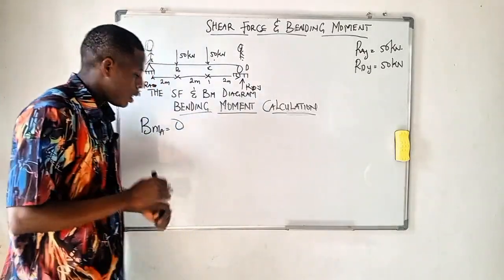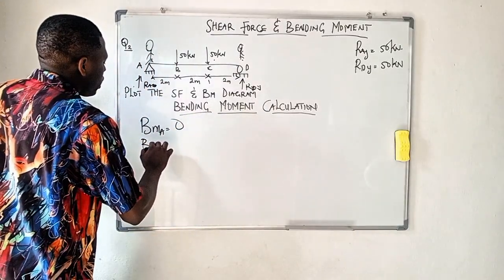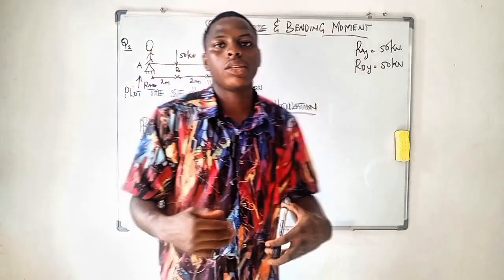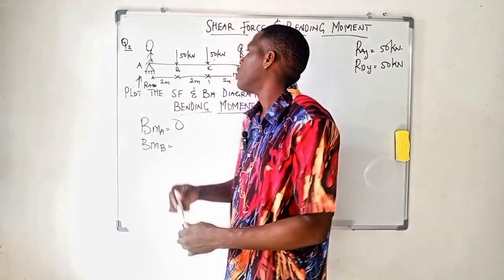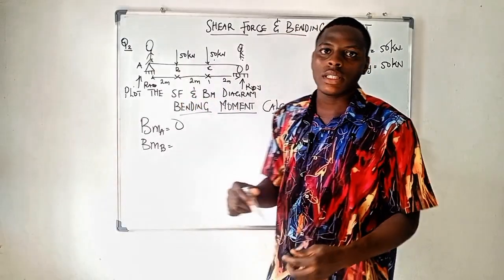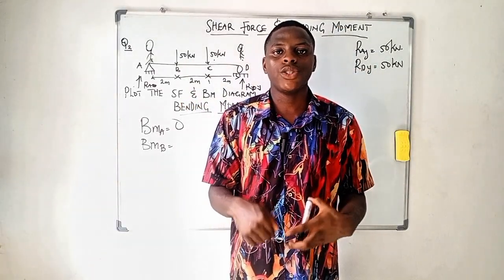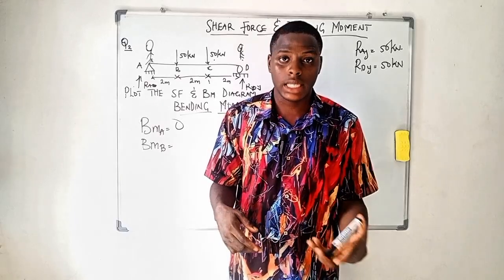So the bending moment at point A is 0. Now, bending moment at point B. The concept is you are standing at point B, and you are looking for the force coming to point B with respect to its distance.